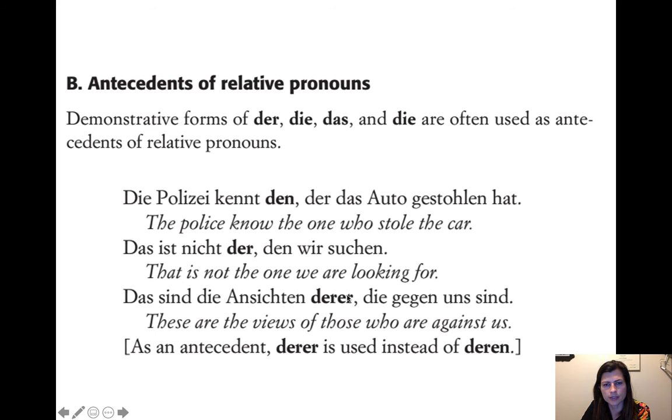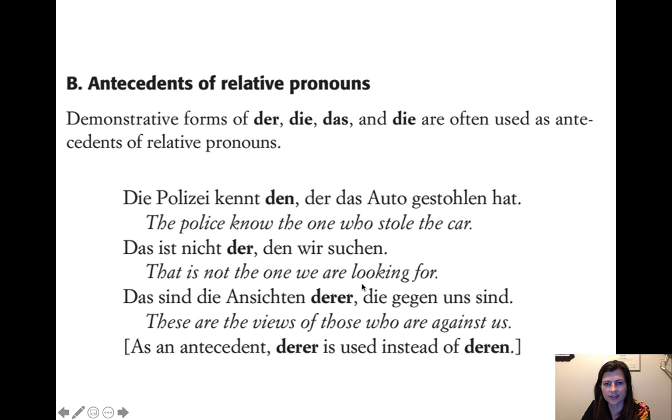This is the plural genitive, so what we're dealing with is the genitive. The views of those, so you just have to translate it as of those because it's plural. So that one is derer, yeah. As an antecedent, derer is used instead of deren.